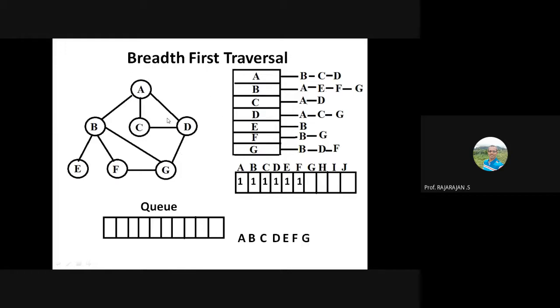So if you are given a similar graph, you should be able to produce the result of the DFS and the BFS for that particular graph. The major clue here is the usage of the stack and the queue. For the DFS, you have to use a stack, whereas for the BFS, you have to use the queue. So you will automatically get the result.